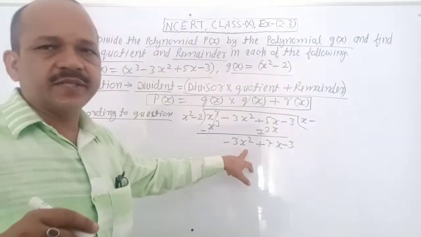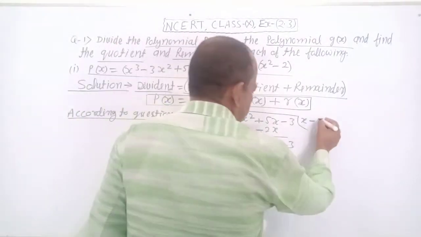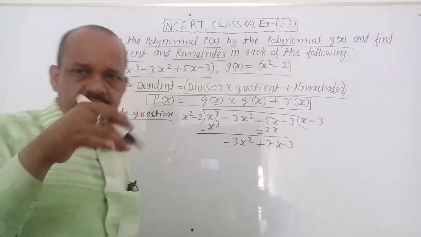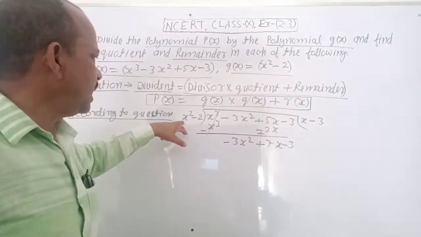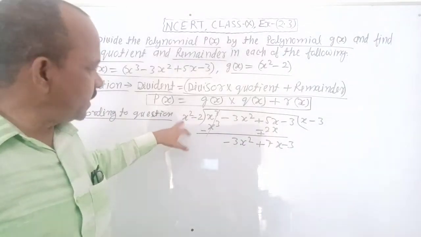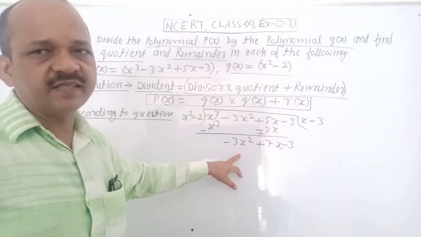Here 3x square, so you can write here 3 only. If you multiply minus 3 and x square, it becomes minus 3x square. It means your process is correct.